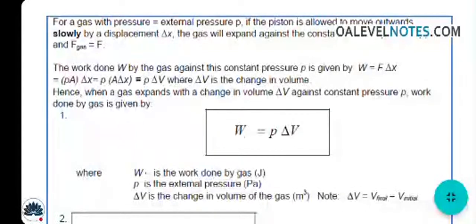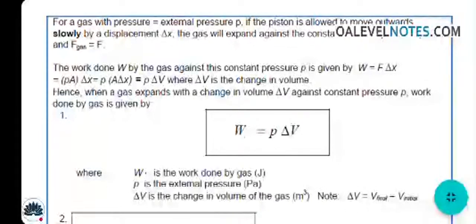Making force the subject, we multiply area by pressure. So from the equation, we replace force by PA, which means pressure multiplied by cross-sectional area multiplied by delta x, the change in displacement.